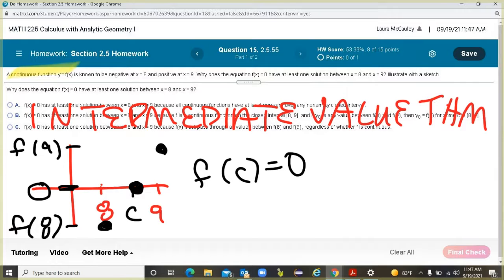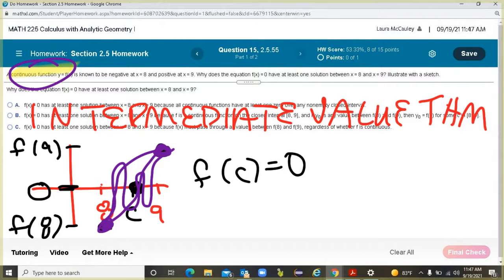Now, this makes perfect sense because how am I going to get from here to here without hitting, in this case, 0? You can't. There's no way to avoid it. No matter how you draw this, it could happen a bunch of times. No matter how you draw it, if you have to go from f of 8 to f of 9 without picking up your pencil, you have to have crossed the x-axis.